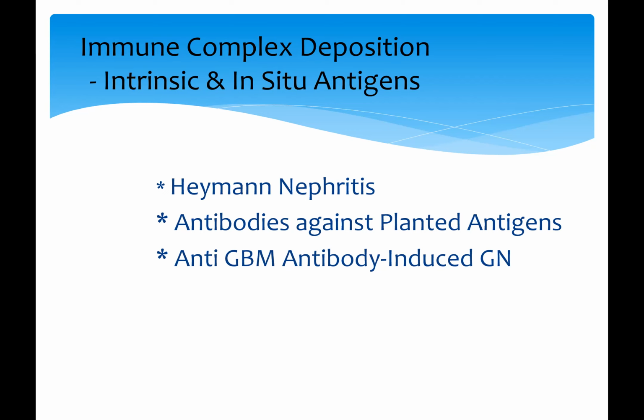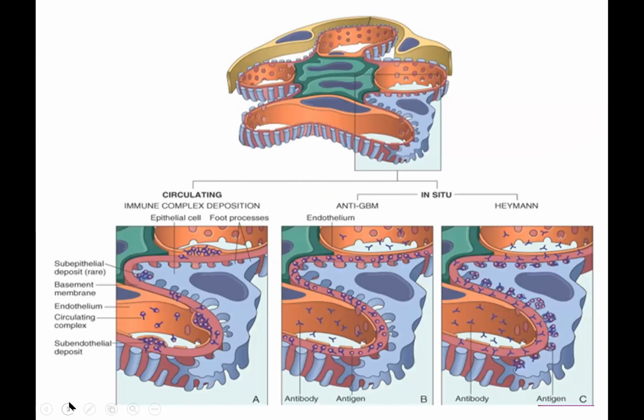They may deposit in the mesangium, and immune complexes themselves may be visualized again by electron microscopy. Now, this is just an illustration again of what I am trying to explain.